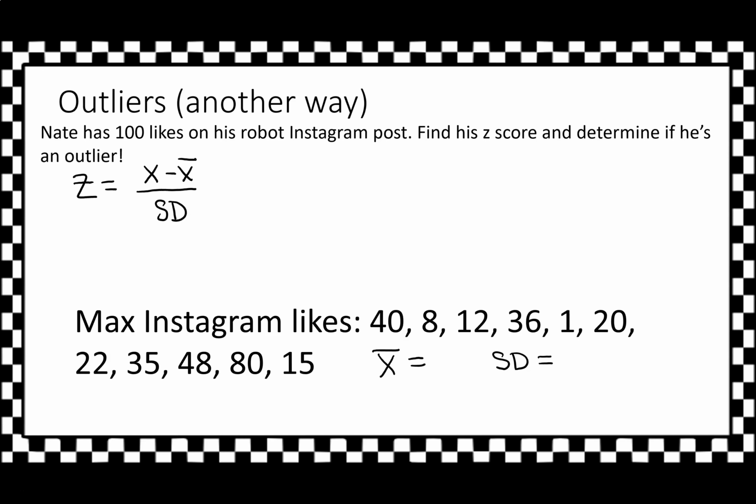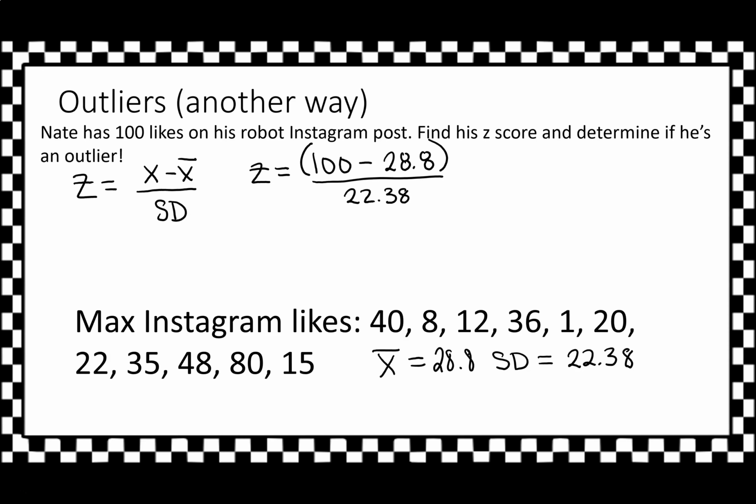All right, welcome back. After using your graphing calculator, you should have seen that you have an x-bar of 28.8 and a standard deviation of 22.38. Let's go ahead and plug this in. So what's Nate's z-score? He's got 100 minus the x-bar of 28.8, all divided by 22.38. Now keep in mind you've got to put parentheses around that.